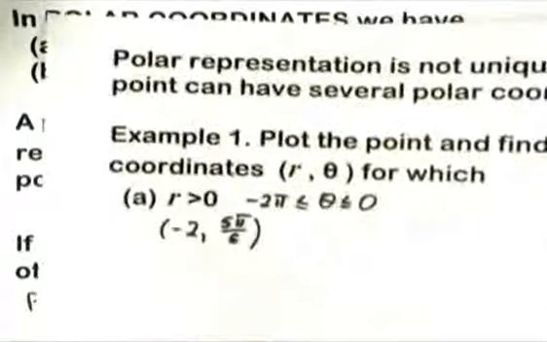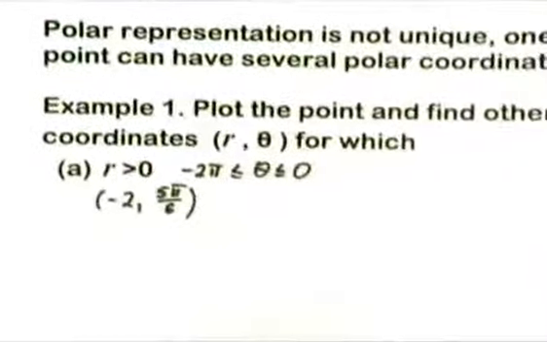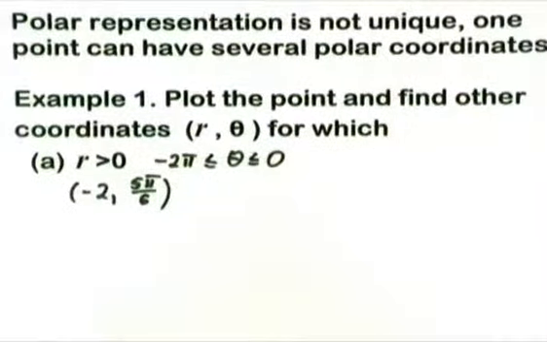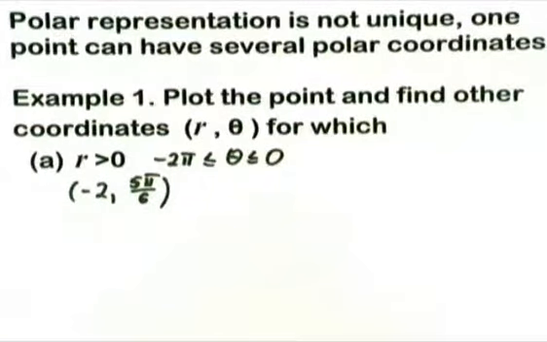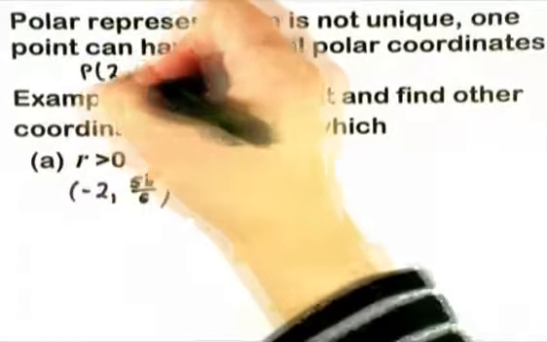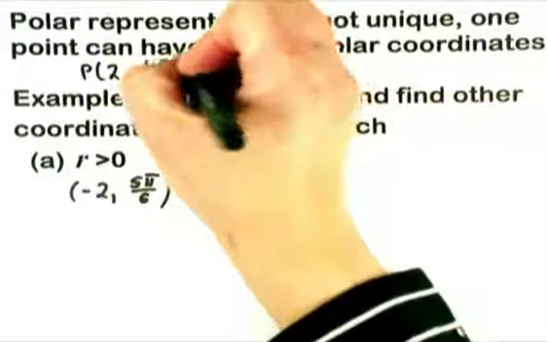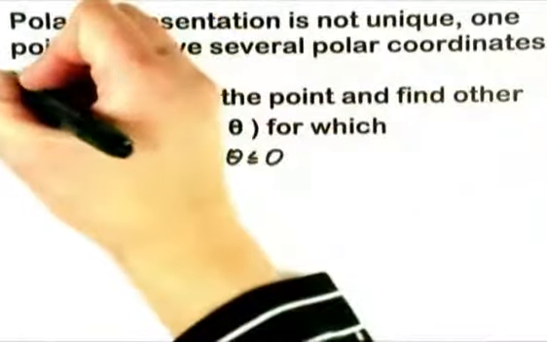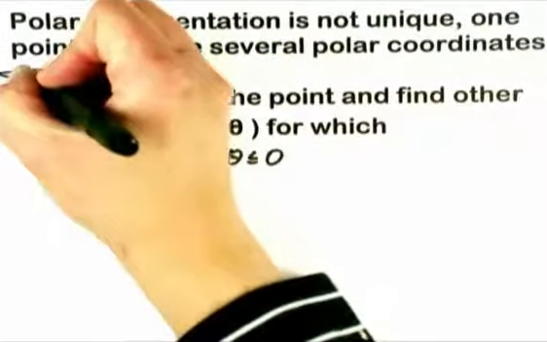As we know, polar representation is not unique. That means a point can have several polar coordinates, like 45 degrees or -45 degrees. If we have a point that is 2 and -45 degrees, which is going to be -45 this way.